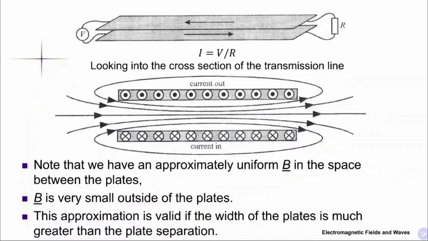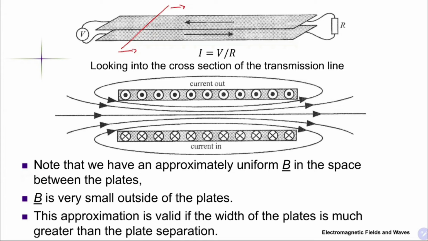If you assume that we put a voltage across our parallel plate and put a load at the other end of our parallel plate transmission line, there will be some current flowing in the plates. And if we have current flow, then we have magnetic flux density. Look at the cross section of this parallel plate, meaning across these directions.